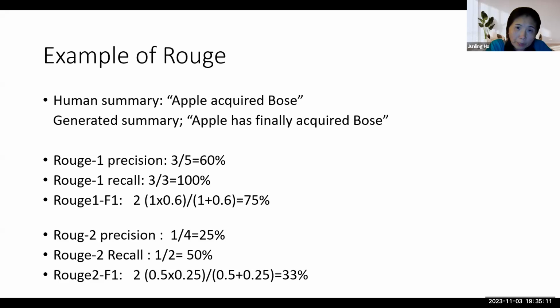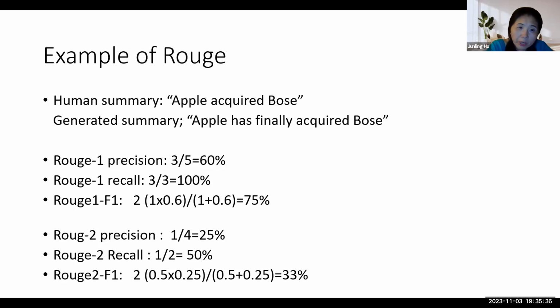So the recall is 50%. Then in the generated summary, there are 4 bigrams because it says Apple has finally acquired both. So 1 divided by 4, that's 25%. That's the precision. Then we use that to calculate the F1 score.